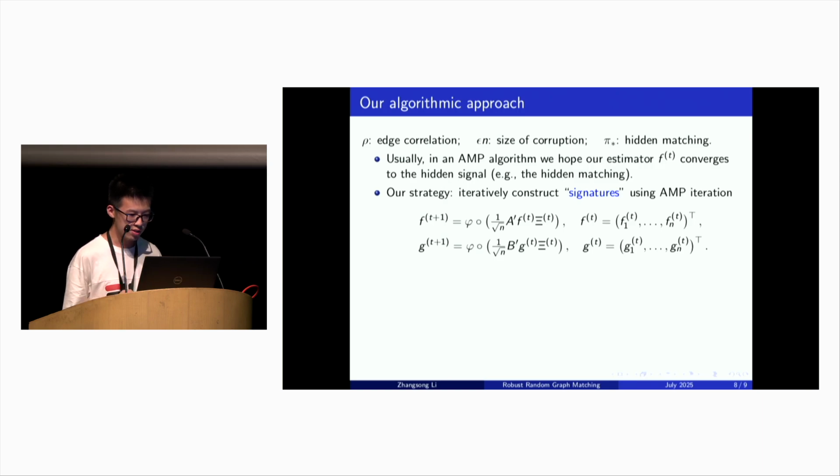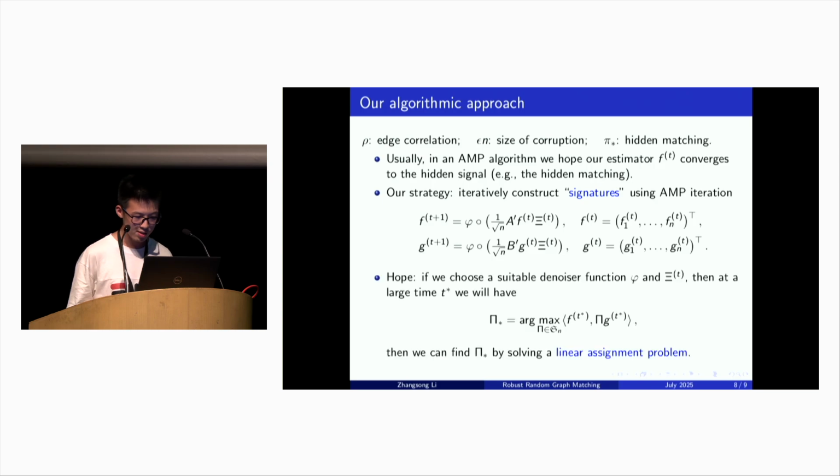Our strategy is that for each vertex i in the first graph, we will construct a signature vector f_i for this vertex, and also for each vertex k in the second graph, we will construct a signature vector g_k for this vertex too. And these signatures are constructed by iteratively running AMP iterations with respect to these two graphs.